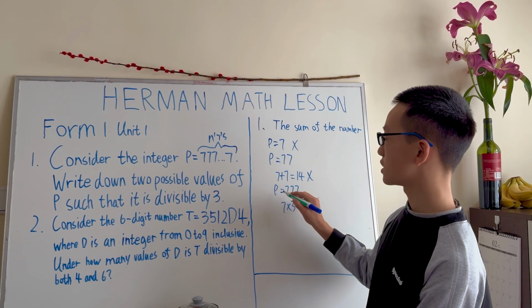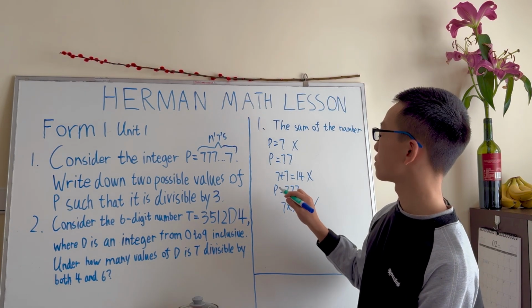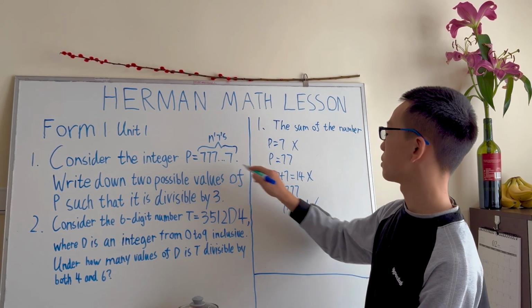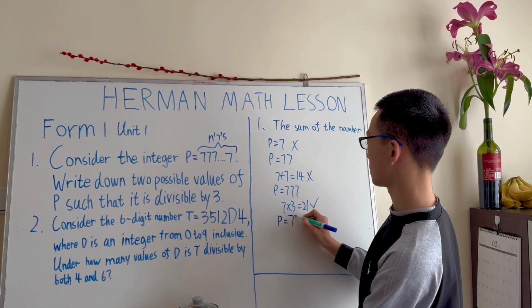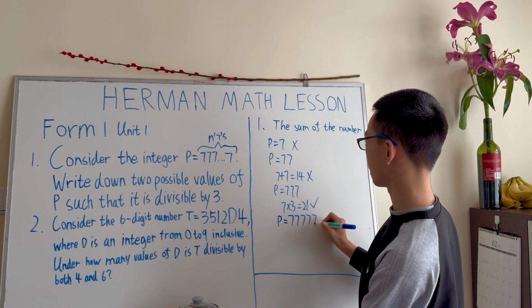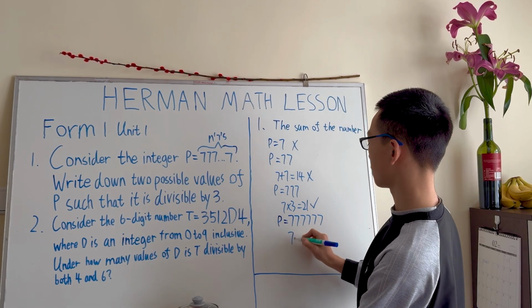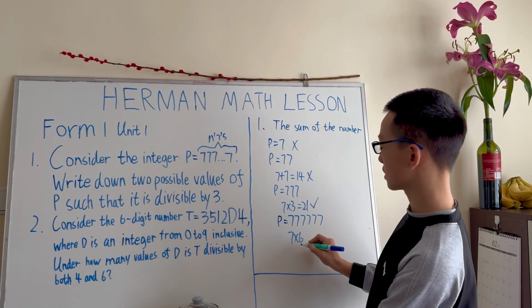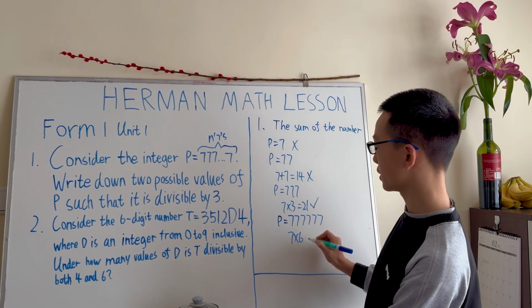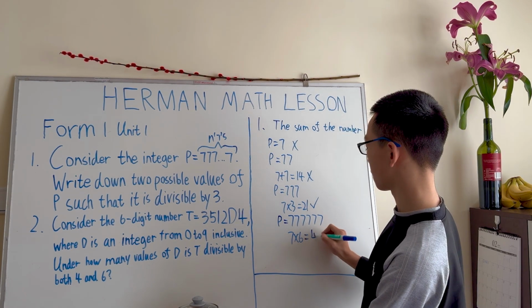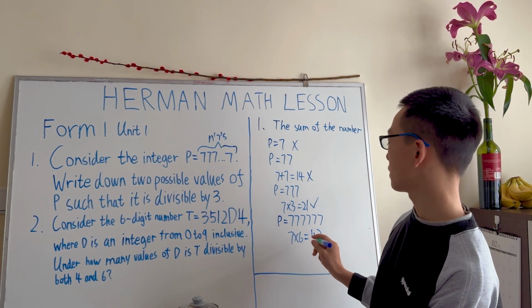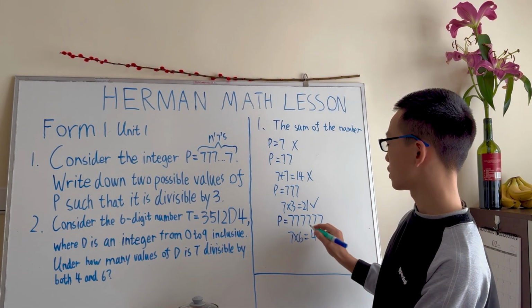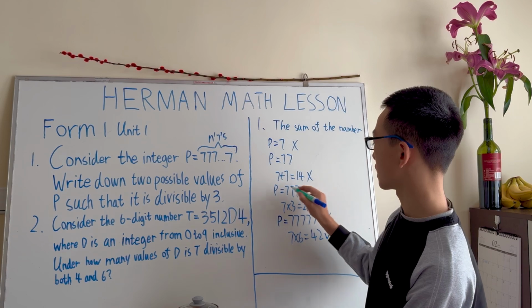We know that the sum is a multiple of 7. So when p equals 77777, this is 7 times 6, and because 6 is a multiple of 3, we know that it is 42, which is divisible by 3. So these 2 numbers are the answer.